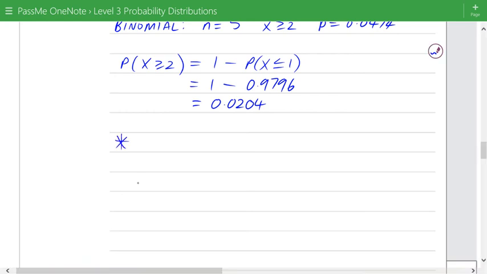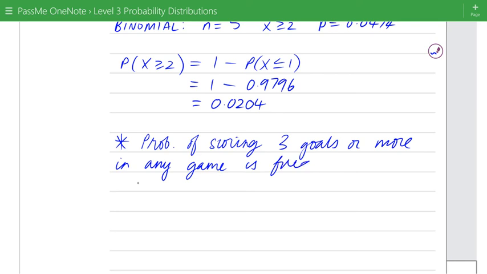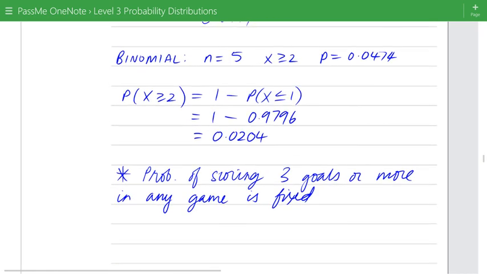And so our assumptions are that the probability of scoring 3 goals or more in any game is fixed. Now why do we need to make that assumption? That's because the binomial distribution only works when that probability is fixed.